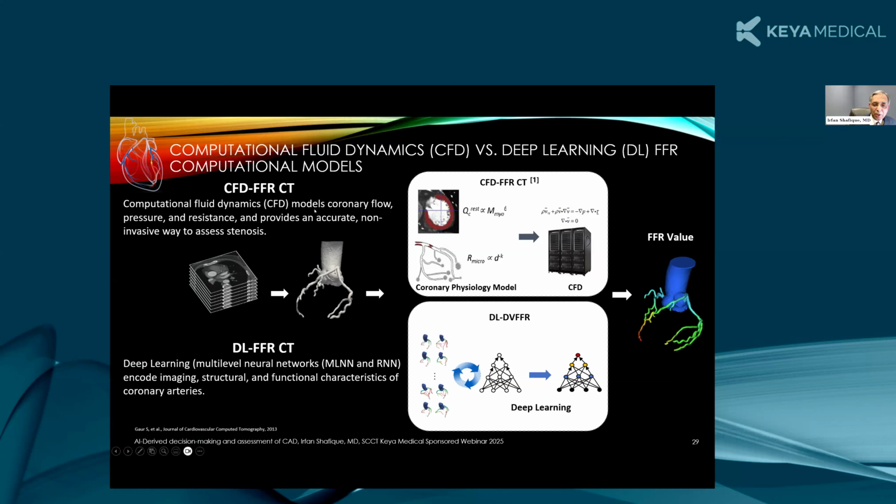model, which is a mathematical model simulating coronary flow, pressure, and resistance, provides an accurate, non-invasive way of assessing the stenosis. But the deep learning FFRCT model, which is interesting, uses multi-layer neural networks and recursive neural networks, as you see here, and encodes all the structural and functional characteristics of the coronary and gets you the FFR at each point on the coronary tree.